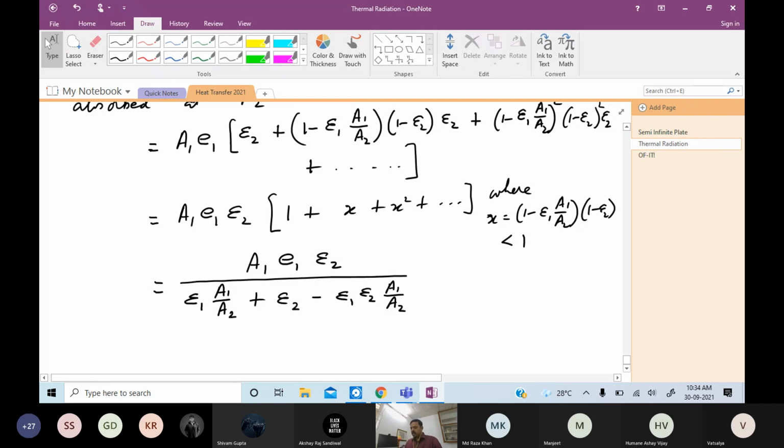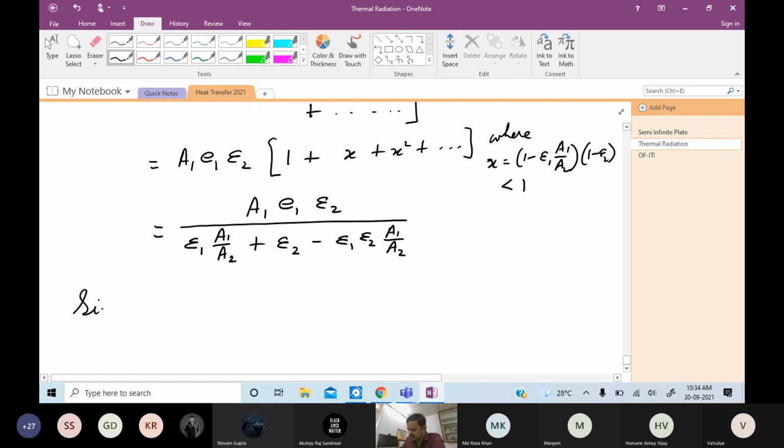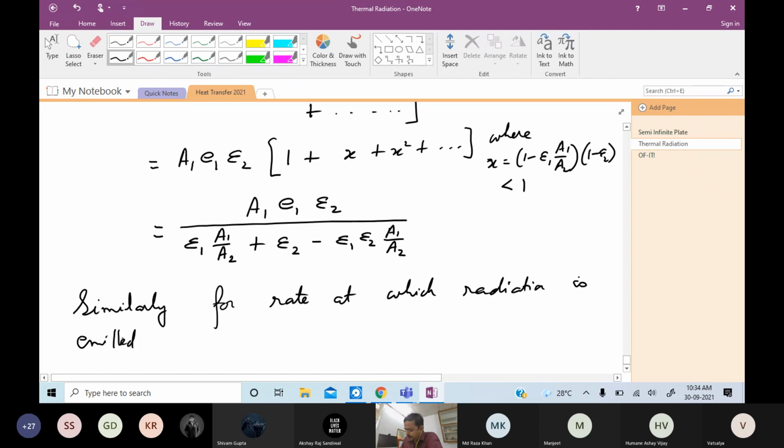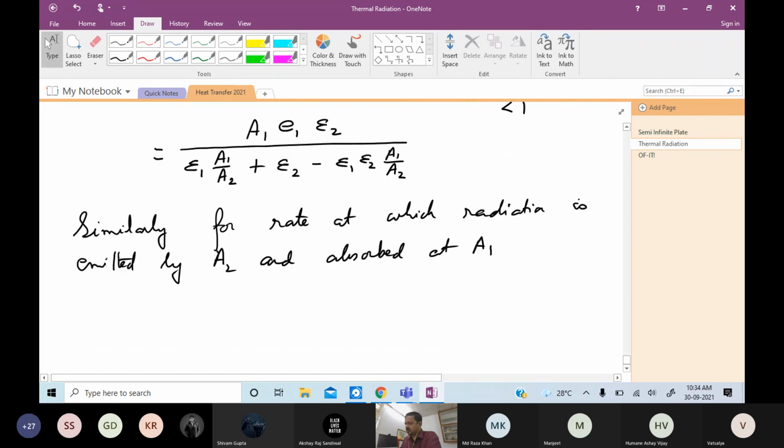Now similarly, this is more of a mathematical exercise, I know, so that's why there's not much to explain. For the rate at which radiation is emitted by 2 and absorbed at 1, you can do this as an exercise. It's not going to be exactly symmetric, but you can do it.